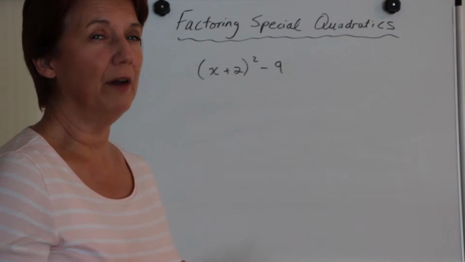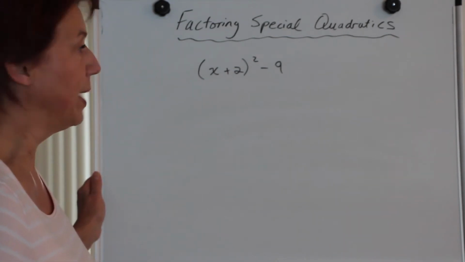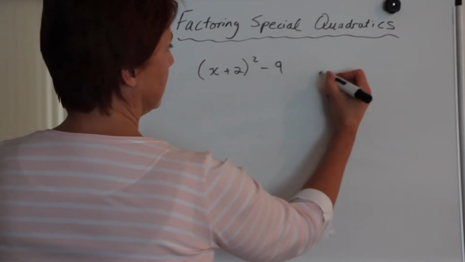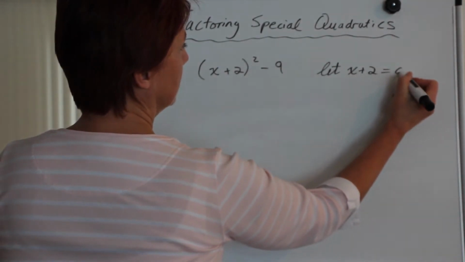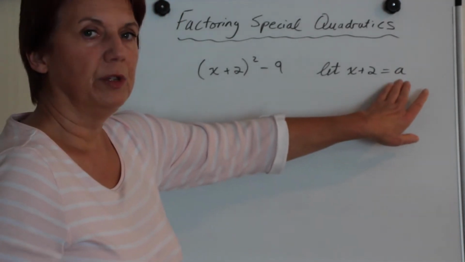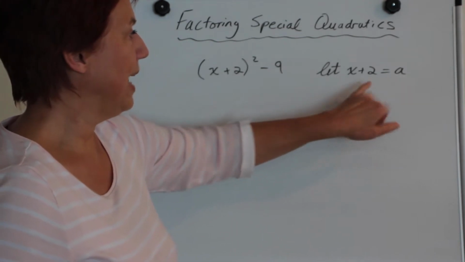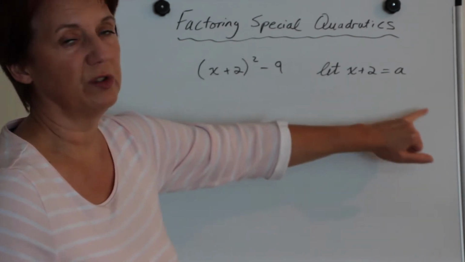Okay, again, you don't have to for a lot of these questions, but it does make your job easier and they do expect it. So we make what's called a substitution statement, and we say let x plus 2 equal, let's use a. Whatever variable you decide to use as substitution can't be the same as the variable that you've already got in the question. So I can't say let x plus 2 equal x.